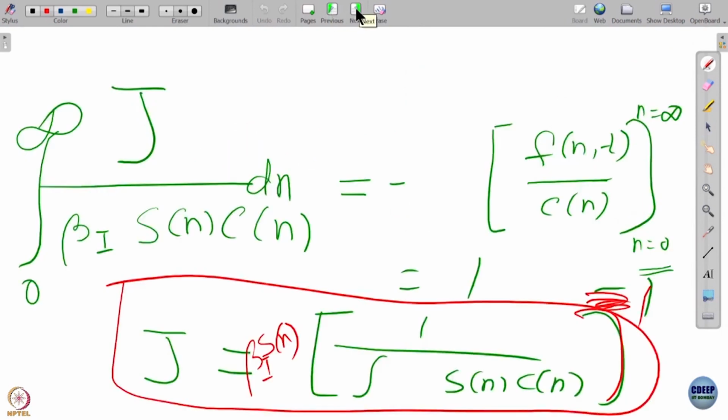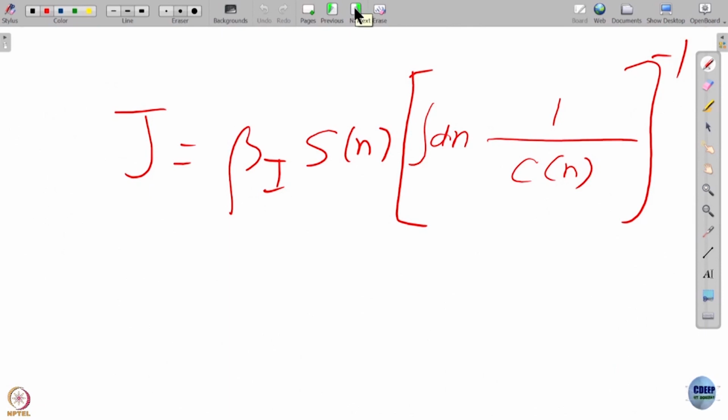I have to evaluate this thing now. We have done the main thing, so I will go a little faster now.